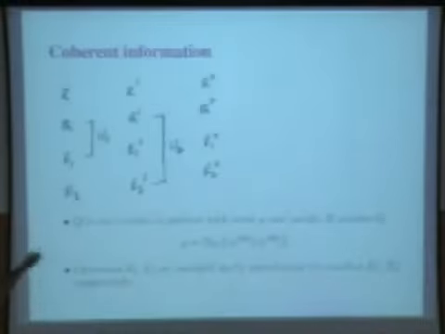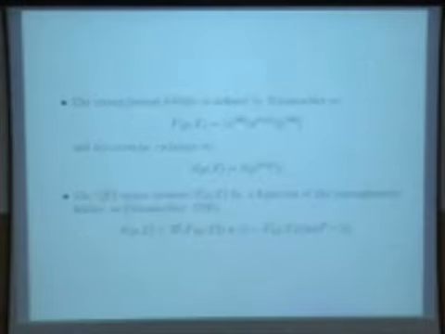So, instead of R dash Q dash, you just put R1 Q1 there, and that is the entanglement fidelity. And you can also define a quantity called entropy exchange, which is just the von Neumann entropy of the composite system R1 Q1.